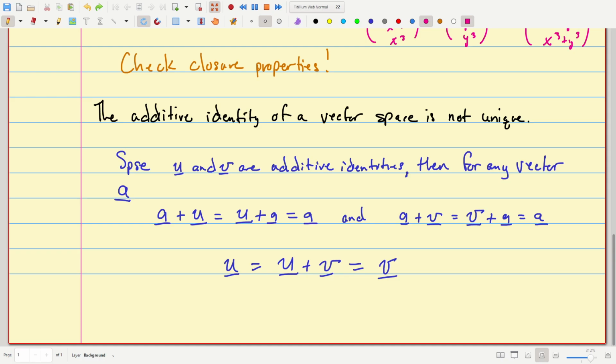Okay? Anytime you're talking about some kind of identity or identity element, this is how you show that they're unique. If you were trying to show that the multiplicative identity is unique, that's the proof.